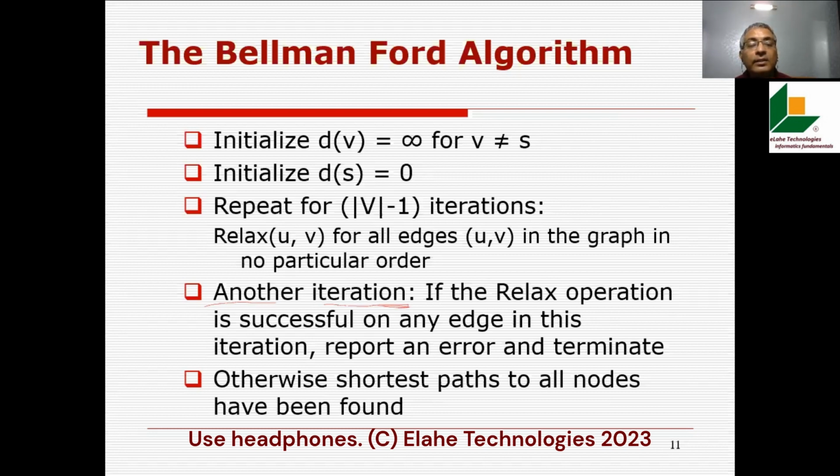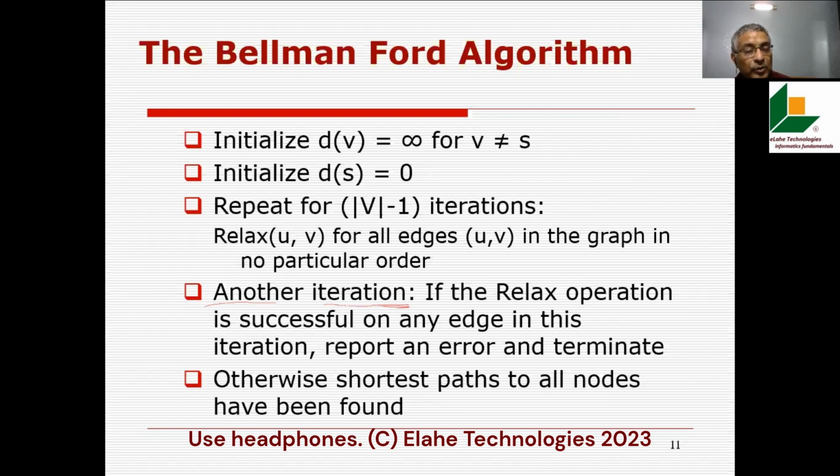In the next class, we will look at Dijkstra's shortest path algorithm, which incidentally also is built upon the relax operation, except that it does the relax operation in a slightly different order. One of the drawbacks of Bellman Ford is that it's very simplistic.